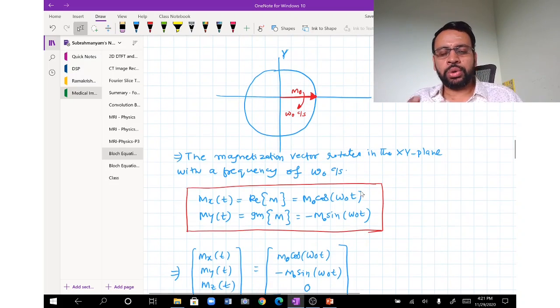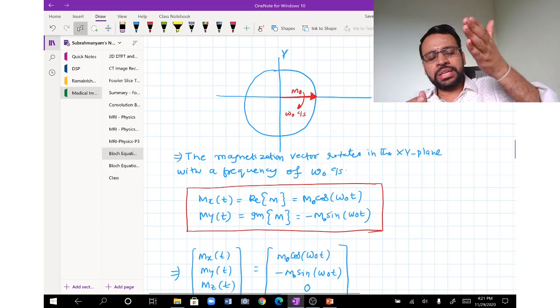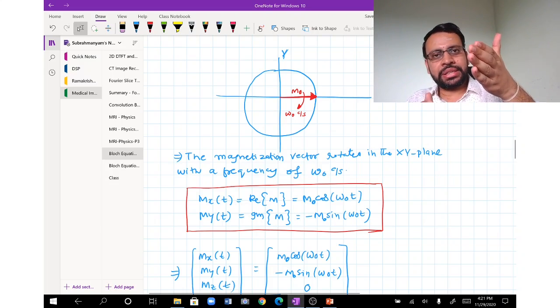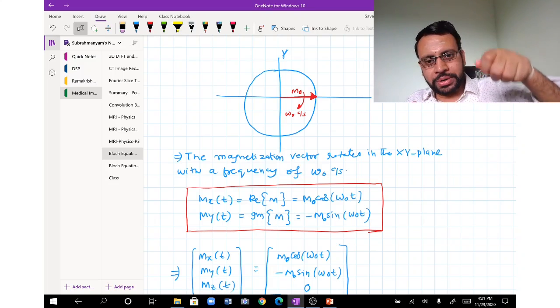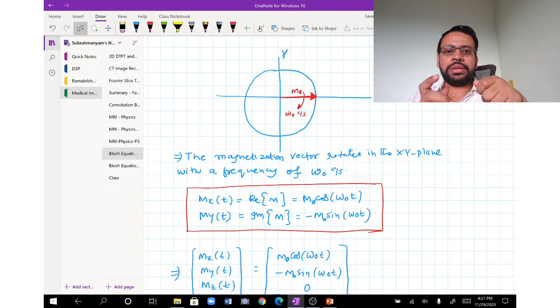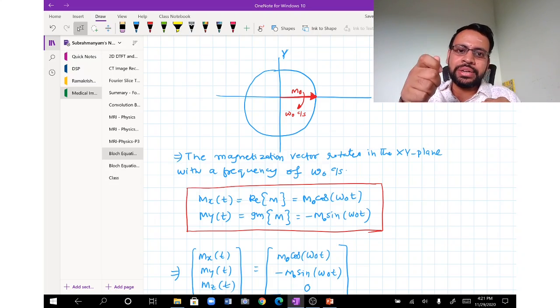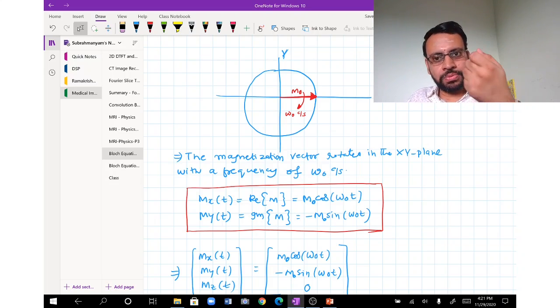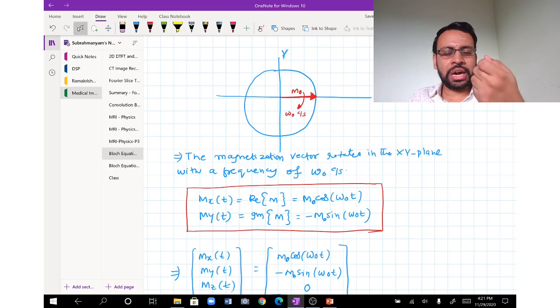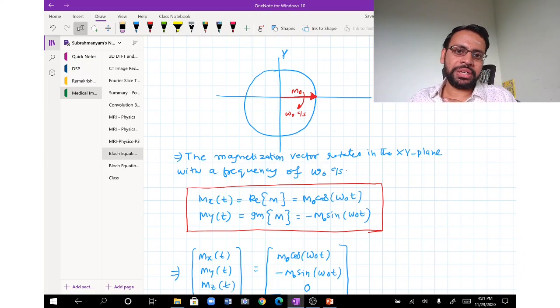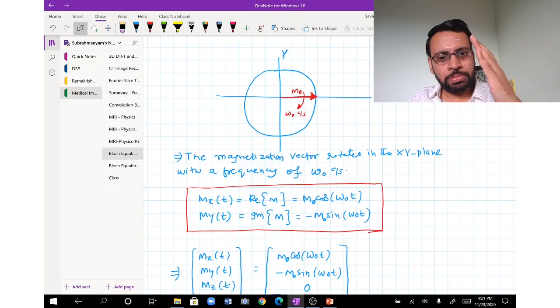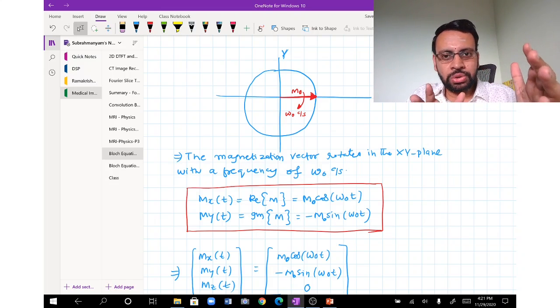Now what we are going to do is, suppose this is not starting here, if it is starting somewhere else, then what is going to happen? You notice here, this would still be rotated with a frequency of omega naught, which is gamma times your B vector, but just that your initial point is different, so you just need to rotate it.